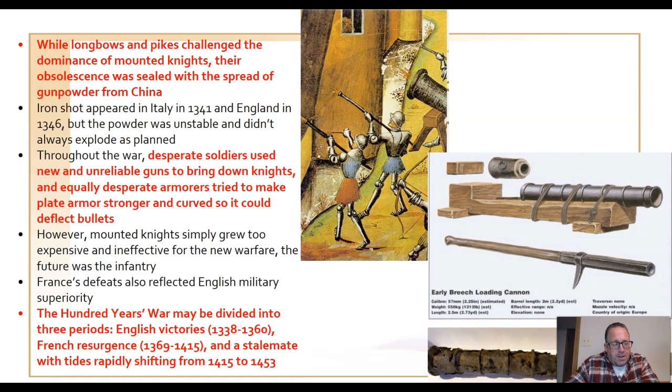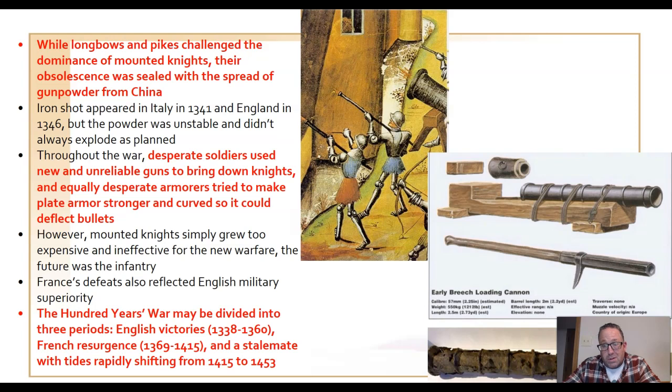Anyway, another thing that the English introduced was something called the cannon. They got access through trade to something called gunpowder. Gunpowder came from China, but the English got their hands on it, fooled around with it, and came up with a cannon. It was pretty crude and wasn't highly effective, especially early on in the war.